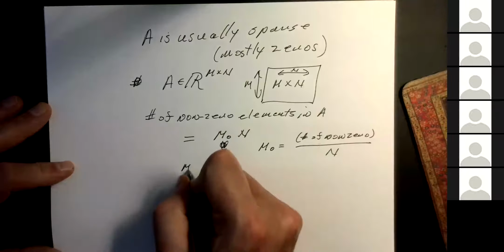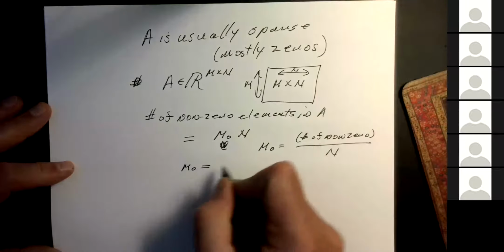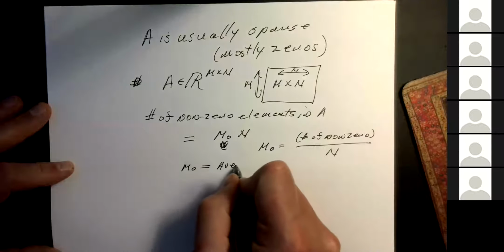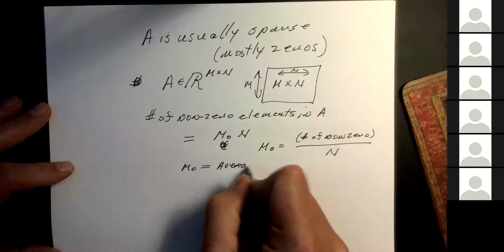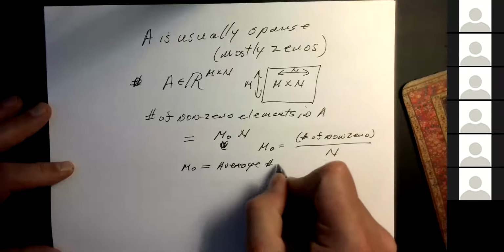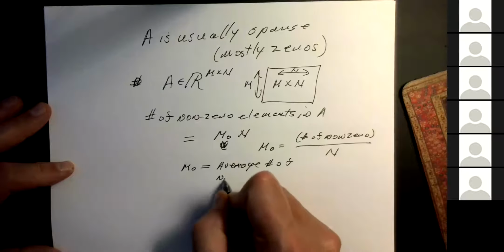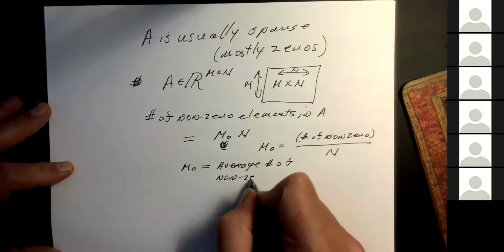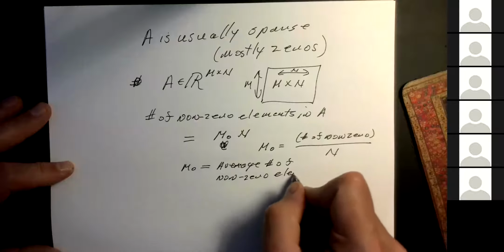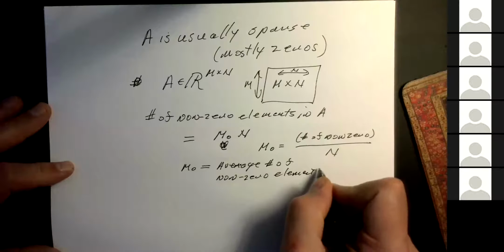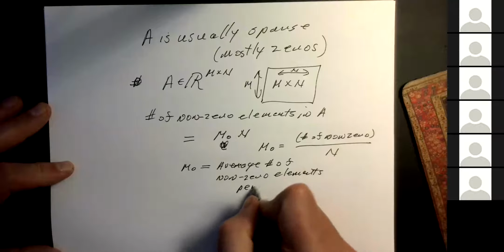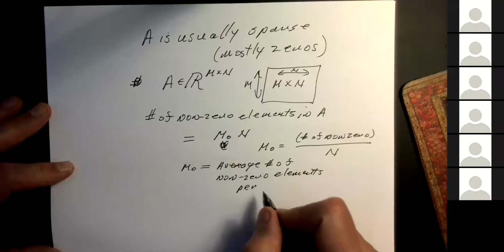The other way of thinking is m0 is equal to the average number of non-zero elements per column.